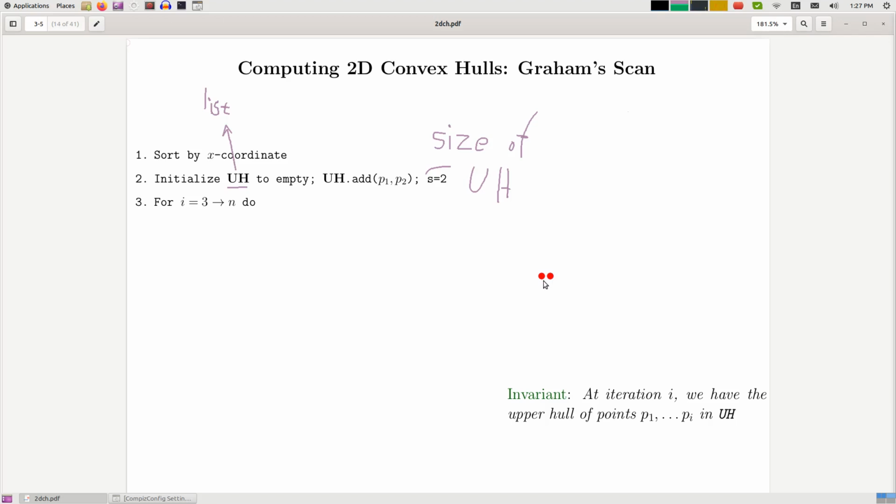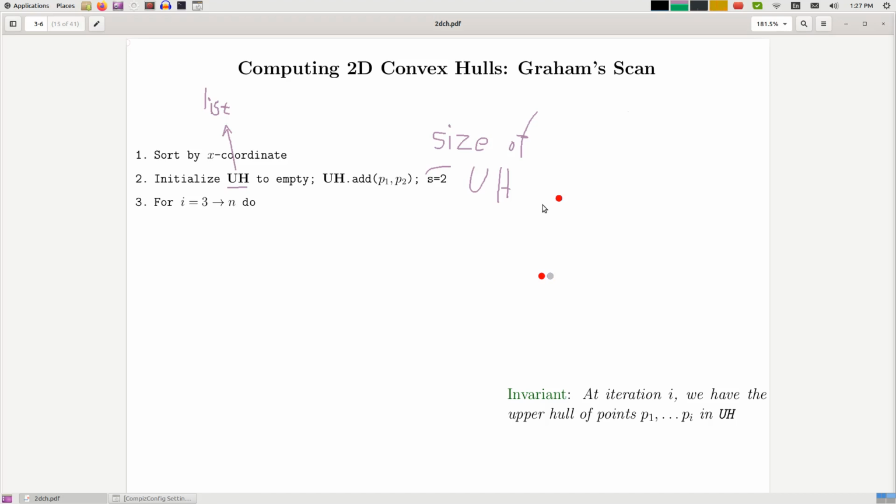Okay, so if the first 2 points have been revealed, they are part of the upper hull. So that's why my for loop starts from number 3, or i equals 3, because for the first 2 iterations of the for loop, I really don't have anything to do. So now let's say we look at iteration number 3, or when i equals 3. So this means that the third point in my list gets revealed, and that's that point.